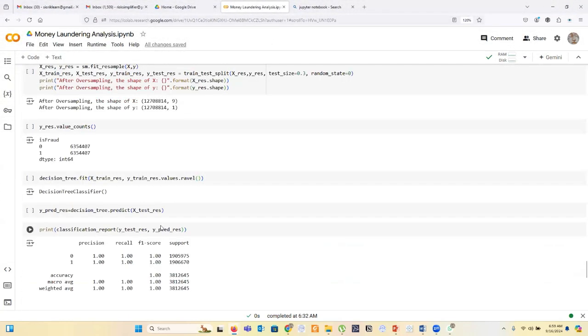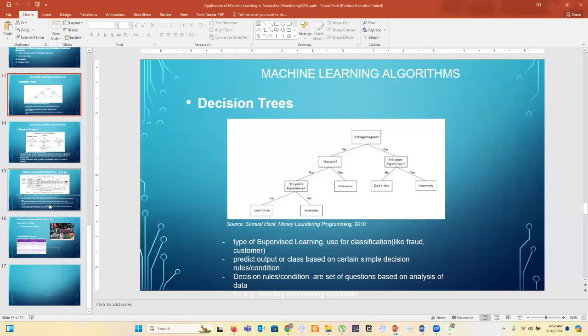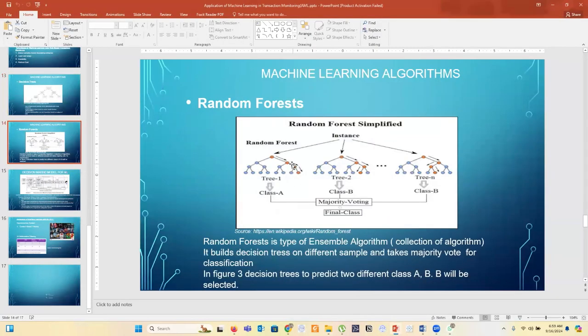And there is another algorithm, that is the random forest algorithm. Random forest is also known as an ensemble algorithm. Ensemble algorithm means a collection of different algorithms. In simple words, random forest is a collection of different decision tree algorithms.